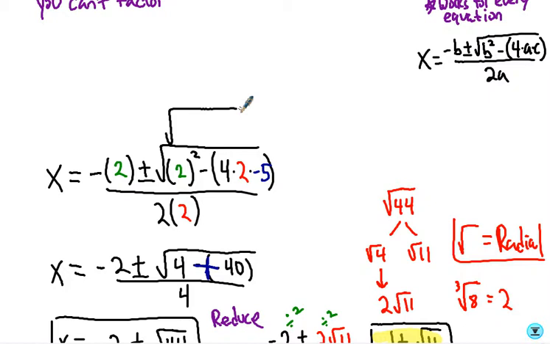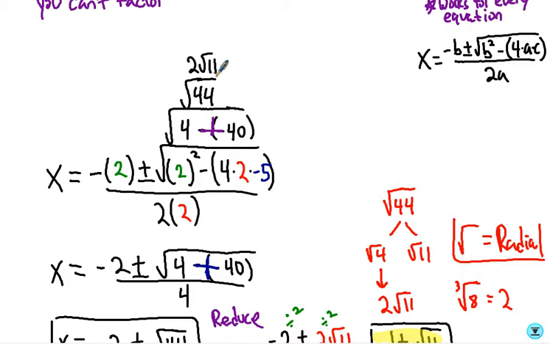Instead of having to rewrite the whole problem all over again each time, I'm just going to build on this radical part. So 2 squared, which is 4, right? We said that was -40. And then 4 minus -40, 2 negatives turn into a positive, so that ends up being 44. And then we already broke apart square root of 44, which is 2 radical 11.